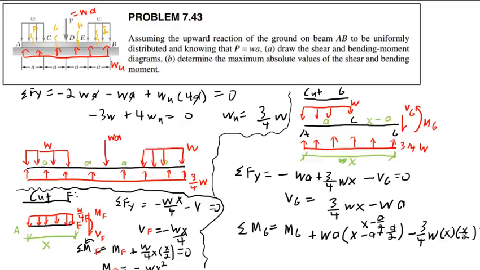Over 2 equals 0. And M equals, I could express this as this, x minus a over 2 plus 3 WX squared over 8, and we continue like such.